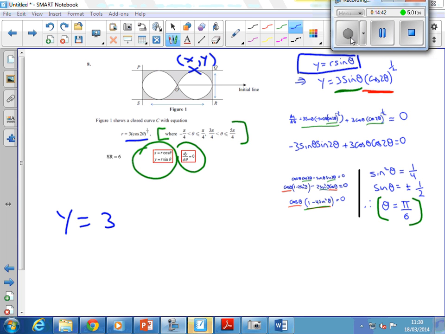Cos of pi by 3 is a half. A half to the power of a half is 1 over root 2. Times that by sine theta. Well, sine of pi by 6 is a half. Which means that y is equal to, if I can rationalize the denominator, can't I? So times top and bottom by root 2, I have 3 root 2 all over 4.